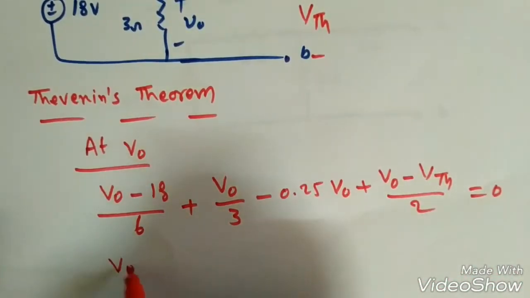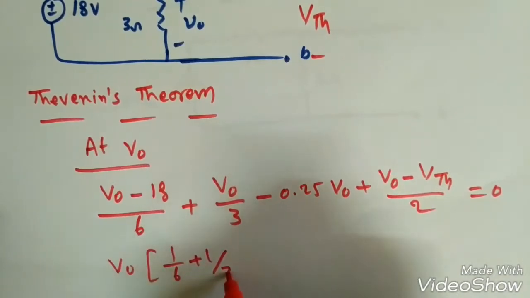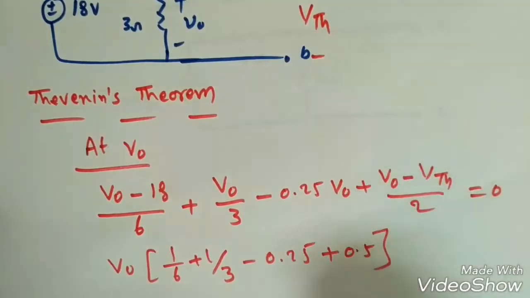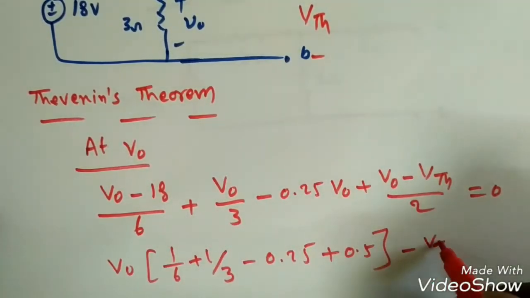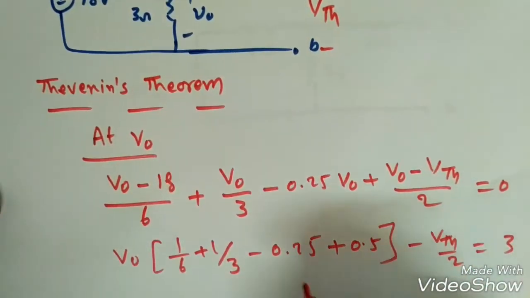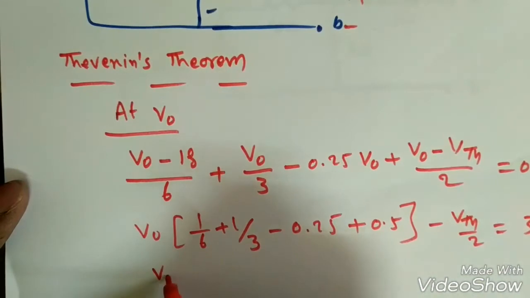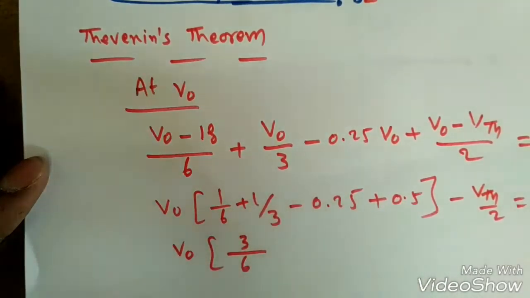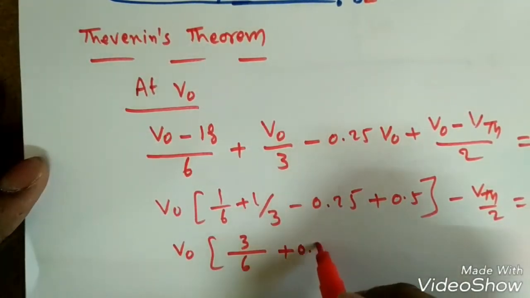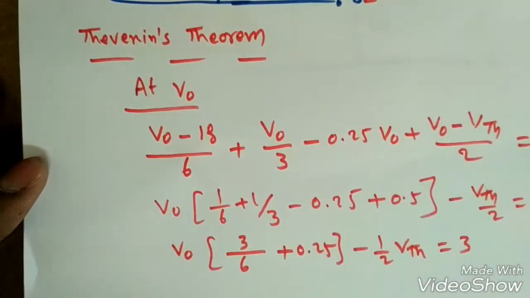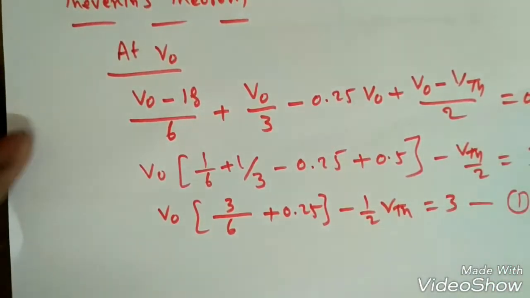Now if I rearrange, V0 times 1 by 6 plus 1 by 3 minus 0.25 plus 0.5, minus VTH by 2 is equal to 3, because 6 3s are 18. Now 1 by 6 plus 1 by 3 is 1 plus 2 by 6, that is 3 by 6, plus 0.25, minus 1 by 2 VTH equal to 3. I'll call this equation 1.